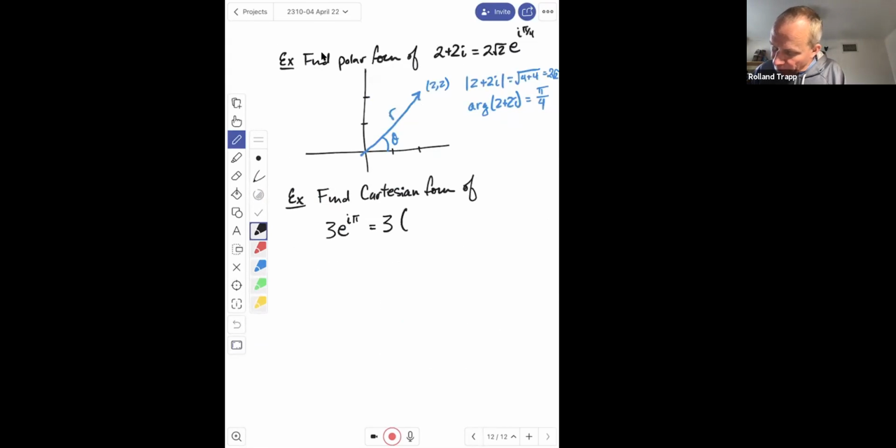Before we do that, let's even sketch this. If I sketch this, I go out 3 units on a ray that makes an angle pi with the positive x-axis.